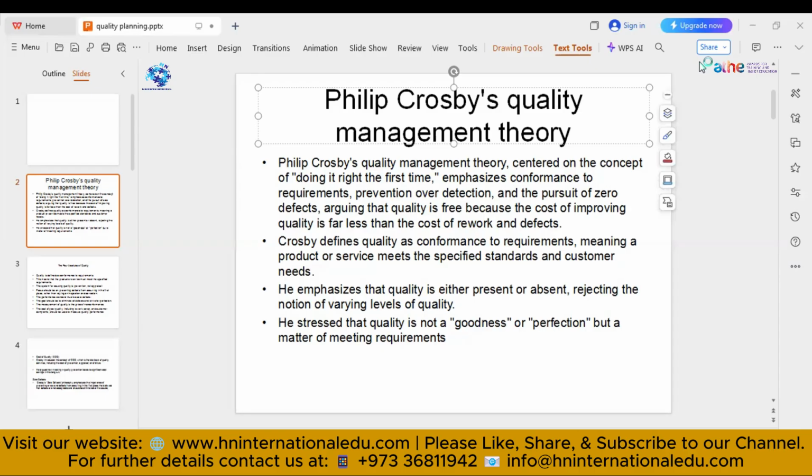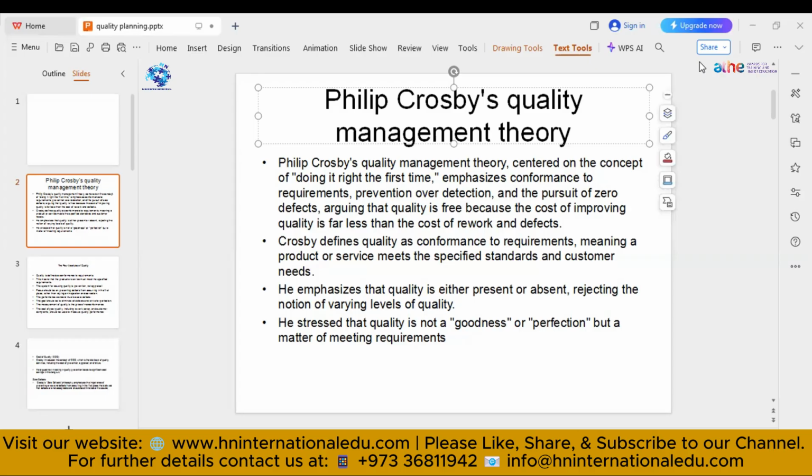Okay, like he suggests that there is a quality or there is no quality at all. Like there is no in between way. If the product is of good quality, that is a quality product. And if it is a little bit different than the required standard, he said that there is no quality at all. He stressed that quality is not goodness or perfection, but a matter of meeting requirements.